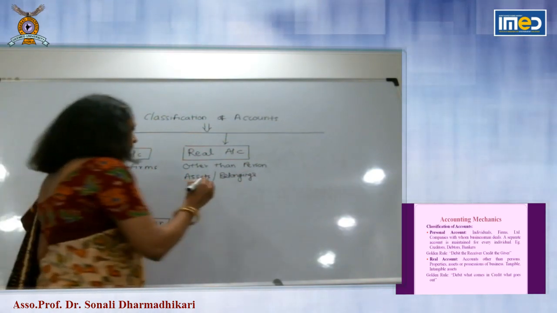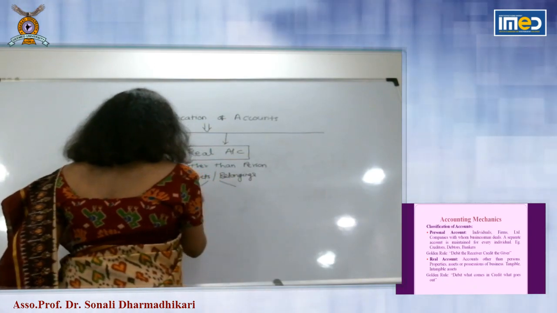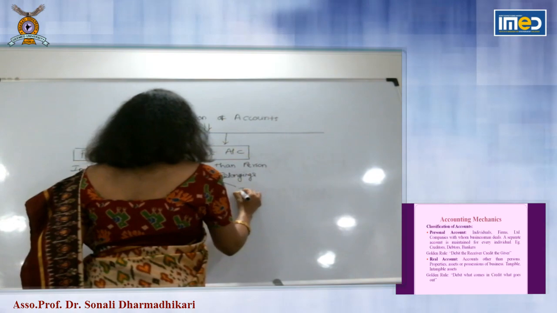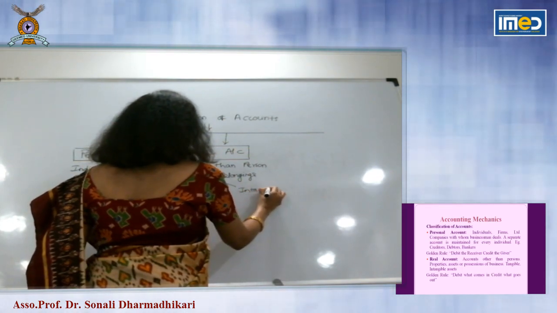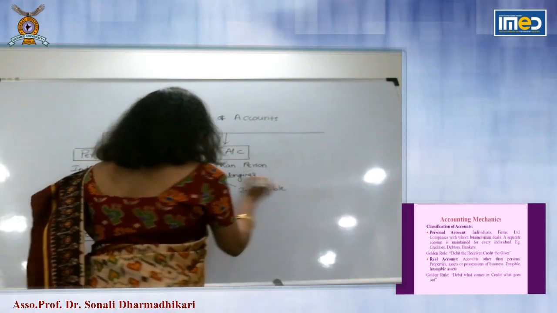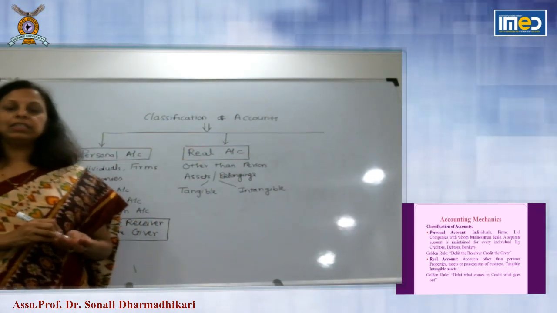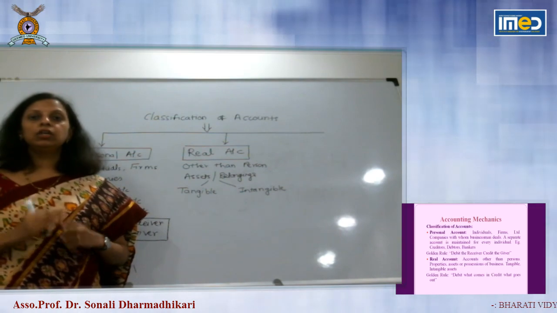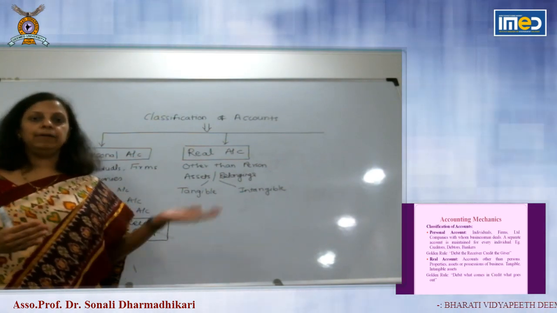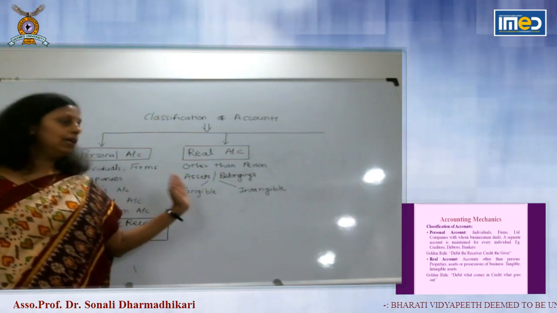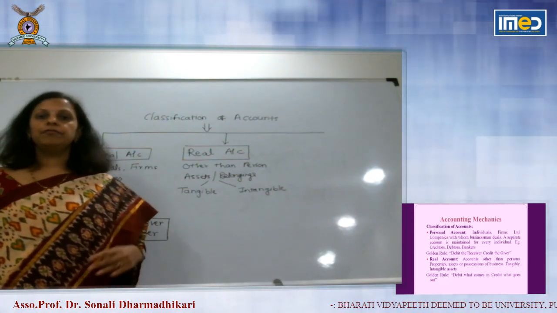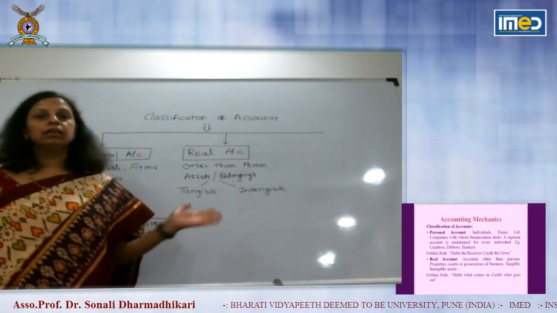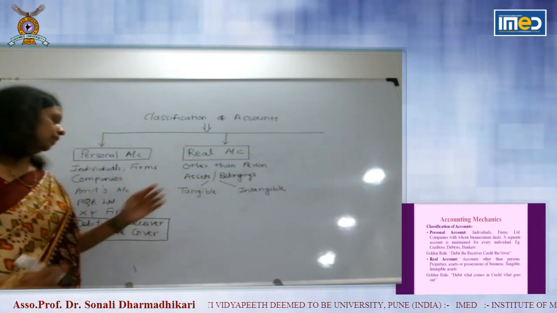Now what is the difference between tangible and intangible? Tangible asset means the asset which you can see, touch, feel, you can value it easily. That is called tangible asset. And intangible asset which you cannot touch, value, you cannot feel, they are called intangible assets.